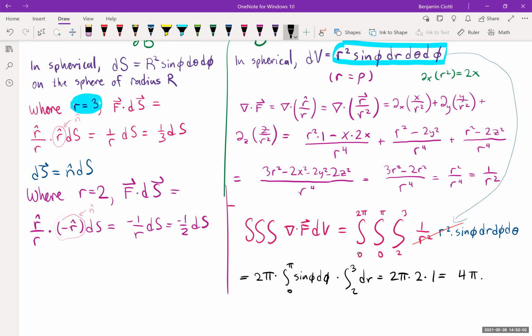Nikhil's asking about r magnitude. It's the square root of x squared plus y squared plus z squared. That's how you take the magnitude of a vector. So r squared is x squared plus y squared plus z squared.